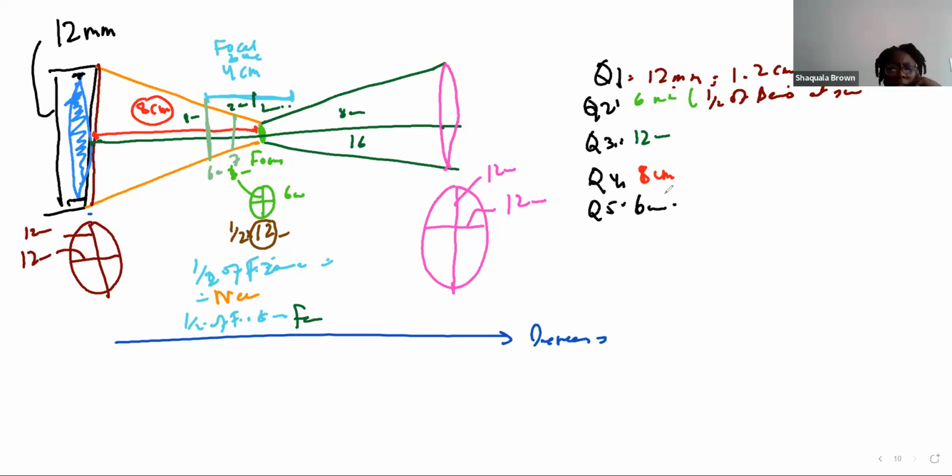How will we be able to identify that based on the question? It's written: what depth marks the beginning of your focal zone? This is the beginning of the focal zone.